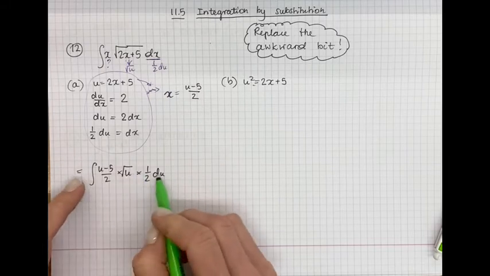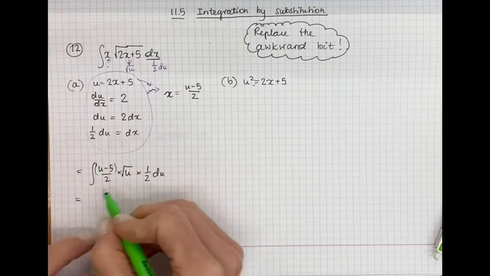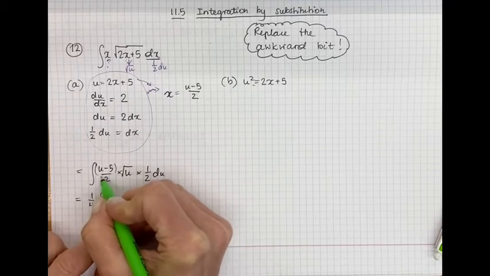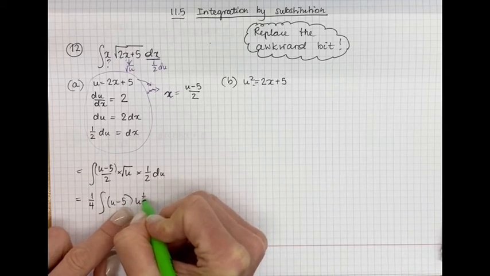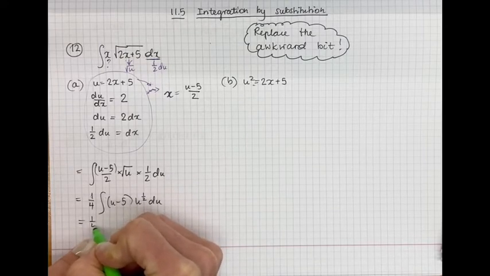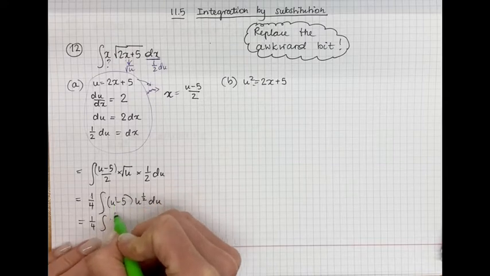So let's expand those u's. I'm going to take those two halves and make them into a quarter at the front of the integral. So you've got u minus 5 multiplied by u to the power of a half. I've got to prepare it for integration the same way you did it last year.